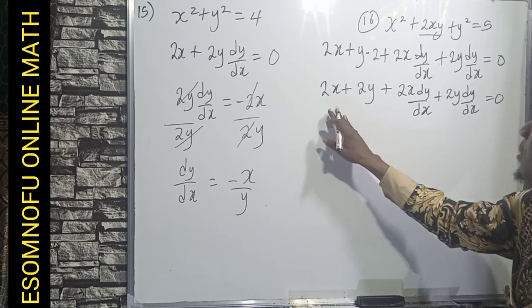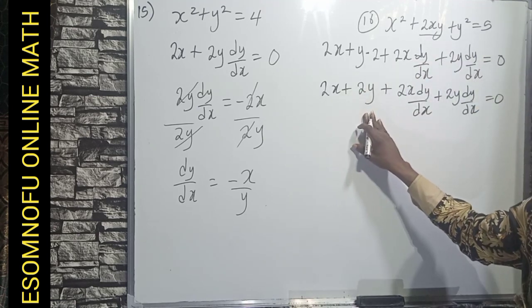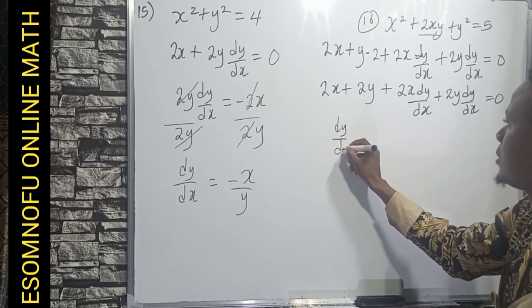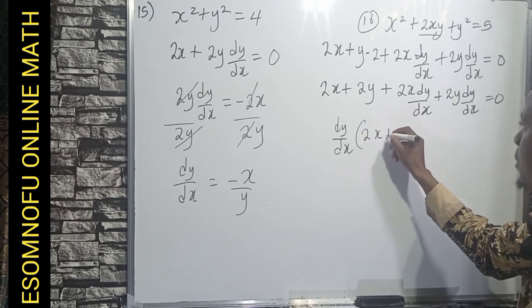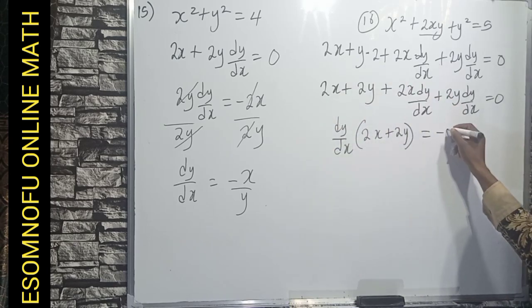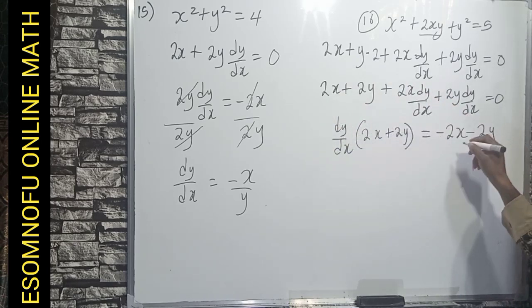I can factor it out, but before that I have to bring in these values here without dy/dx to the right hand side. So from here I have dy/dx being factored out, so I'm left with 2x plus 2y here. 2x plus 2y equals 2x coming here becomes -2x, 2y coming here becomes -2y.